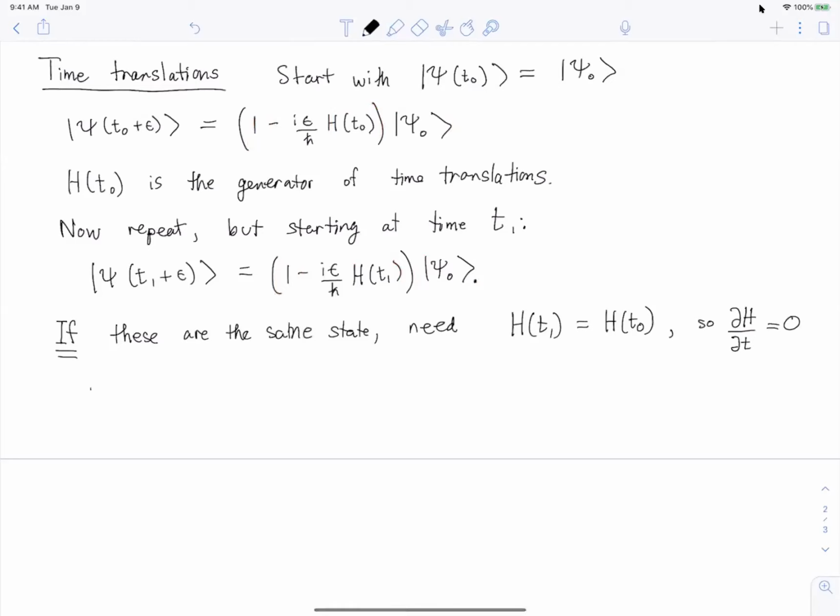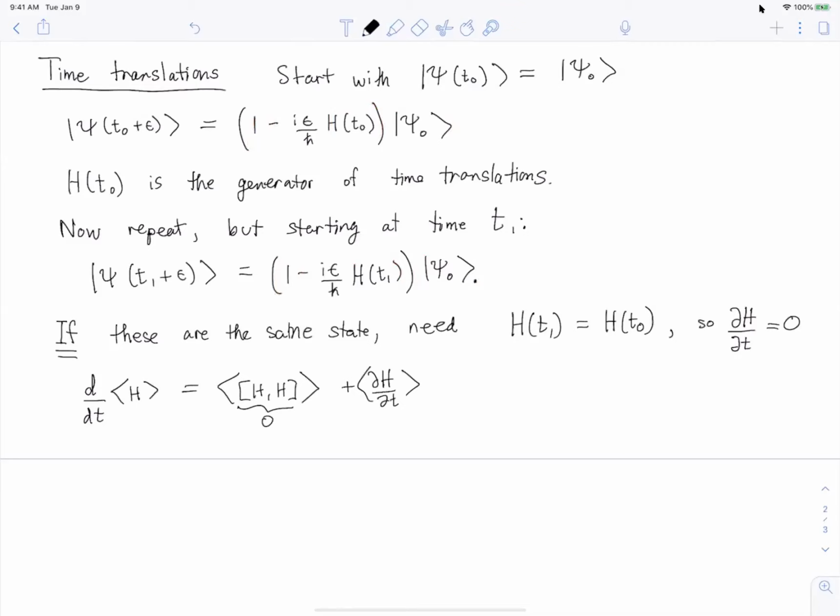And then we can plug into Ehrenfest's theorem that we wrote down last time, which said the expectation value of any operator, and here we're using the Hamiltonian as our operator, is equal to the expectation value of the operator commuted with the Hamiltonian plus the partial derivative of the operator in expectation value. But this is clearly 0.